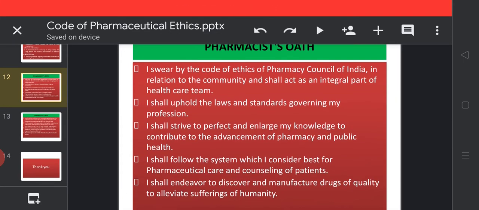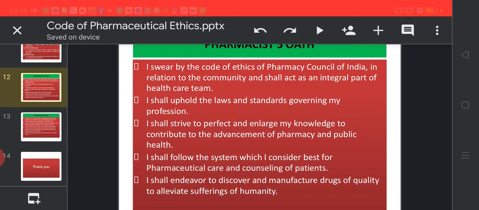We shall strive towards making it perfect and enlarge our knowledge so that we can contribute to the further advancement of pharmacy professions and healthcare.